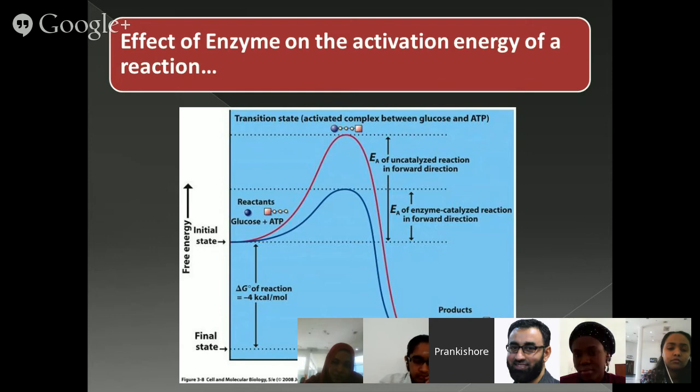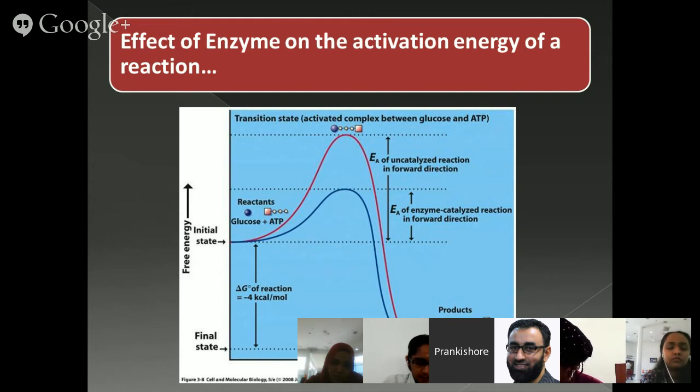So when glucose combines with ATP, a negative phosphate group is added to the glucose molecule. Since glucose 6-phosphate is a negatively charged molecule, it cannot go through the hydrophobic lipid bilayer of the cell membrane.